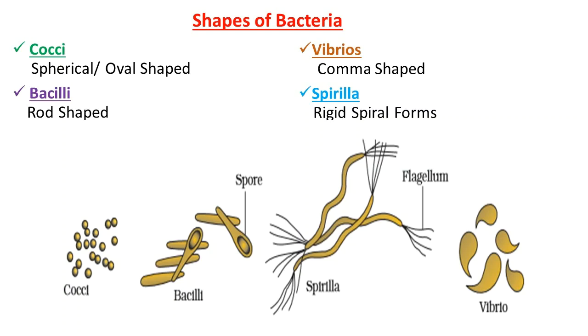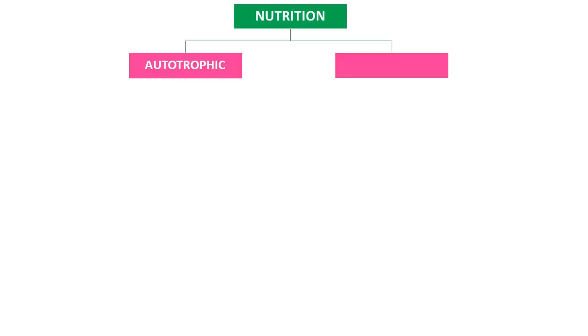Next is about the nutrition in the bacteria. Bacteria based on their mode of nutrition can be categorized into the 2 categories, autotrophic and heterotrophic bacteria.